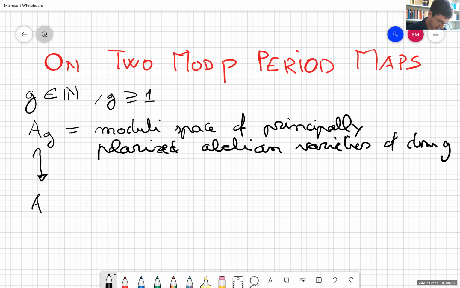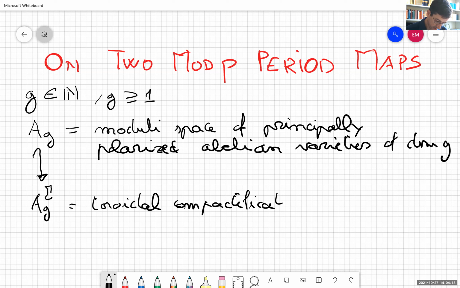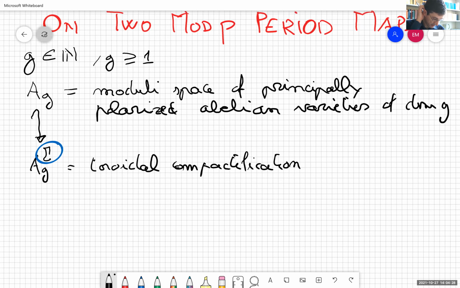Also, in this case, at some point in my talk, I will need some toroidal compactification that depends on some combinatorial data, some cone decomposition that I stress by putting this sigma there. Okay, it's not unique as in the case of modular curves. So for higher genus, there's a choice involved.